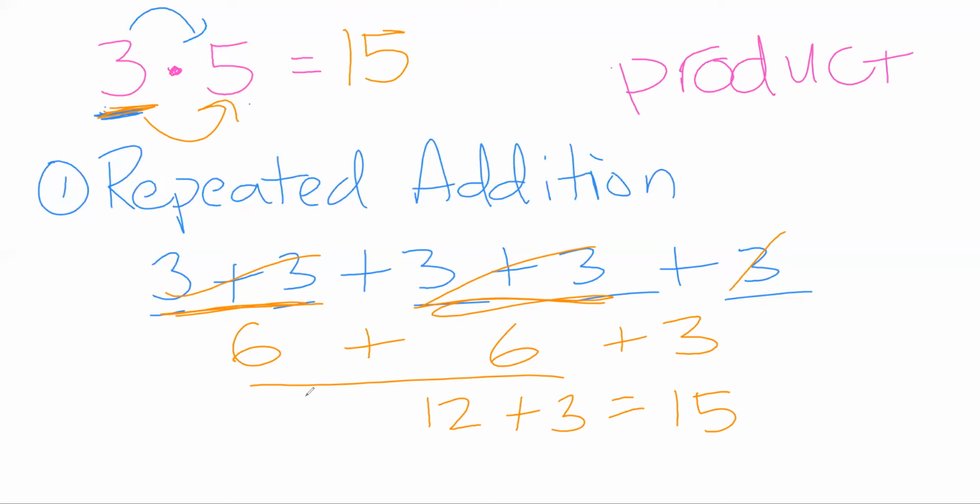We can also look at it in terms of skip counting. It's really the same concept. I'm going to keep the same multiplication sentence: 3 times 5. If we think about skip counting, that's 3, 5 times. That means we're counting by 3s, and we're going to do it 5 times. 3, 6, 9.